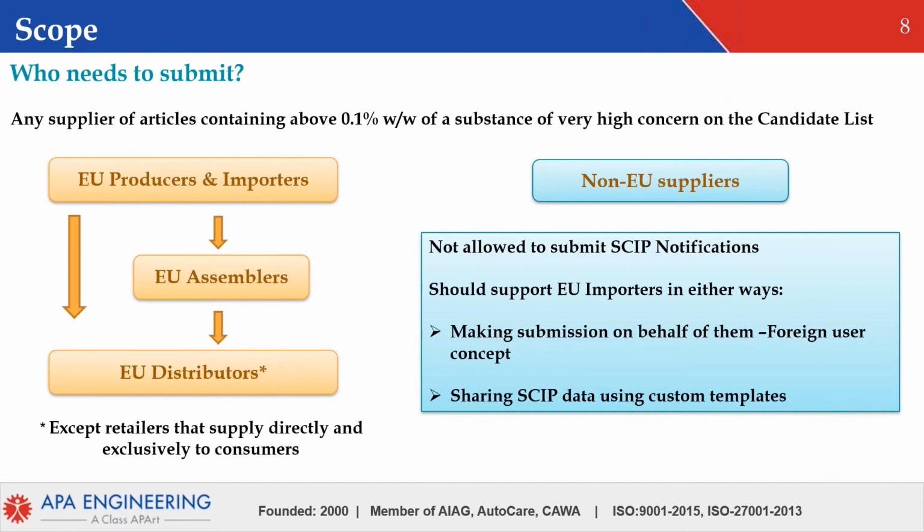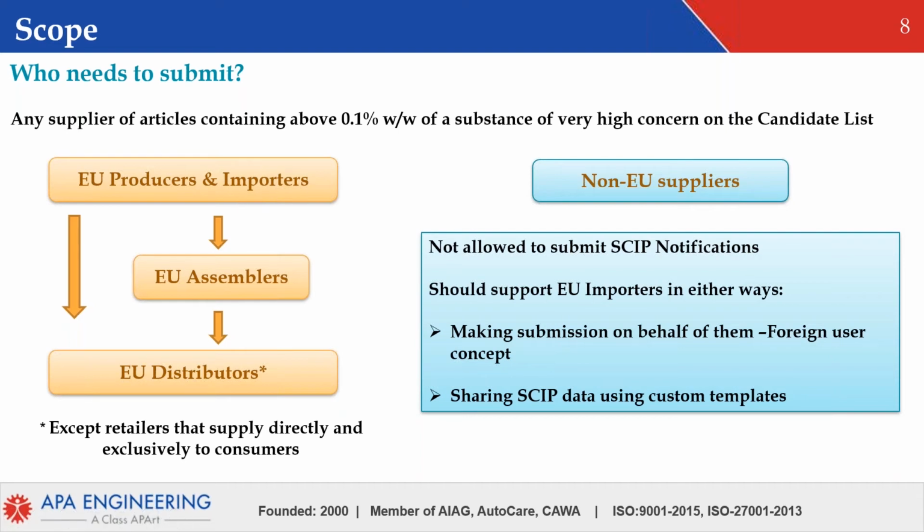So who needs to participate in SCIP? Any supplier that has an article that is above 0.1% weight over weight of a substance of very high concern that is on the candidate list that's managed by ECHA, which is the European Chemicals Agency. If that product is being sold or distributed within the EU, then this can apply.